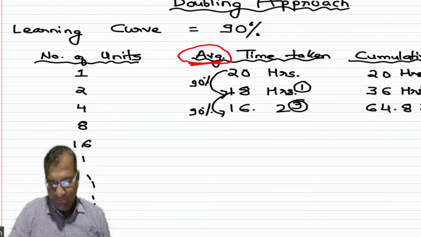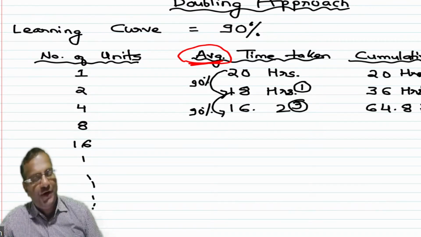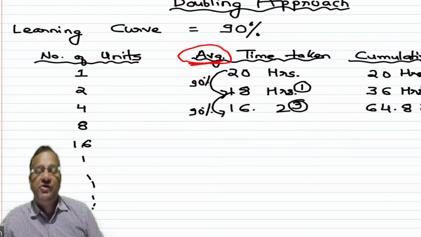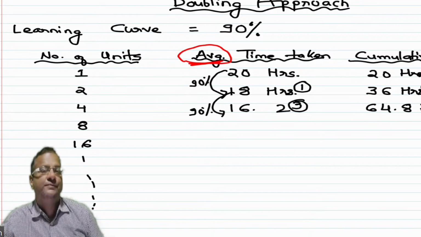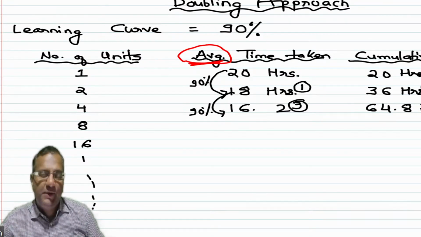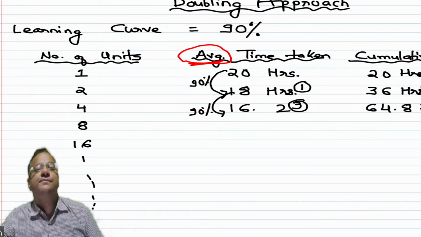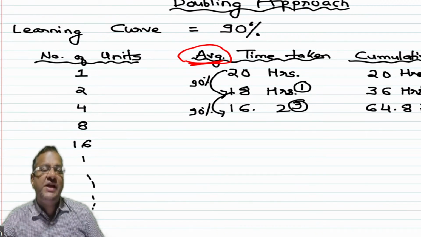Write it in this same point, next line. What is the time taken by unit number 2? Question mark. In the next line write, it is 16 hours.